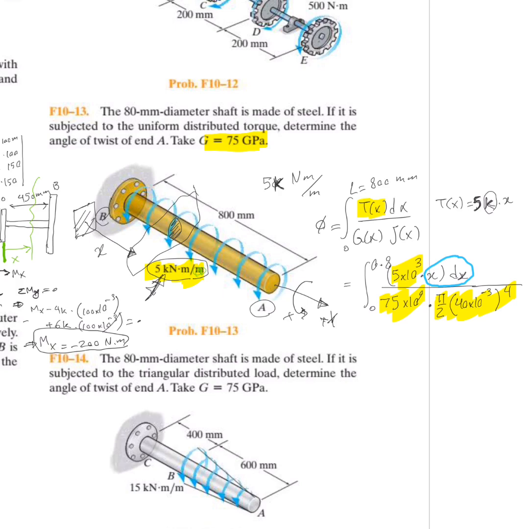Okay, so if I do that, I get 5 10 to the 3 divided by 75 10 to the 9 times pi over 2 times 40 10 to the negative 3 to the 4. You see, I took everything out.